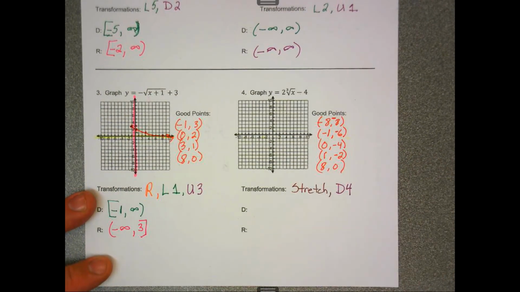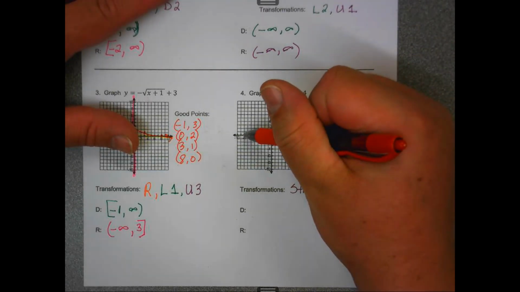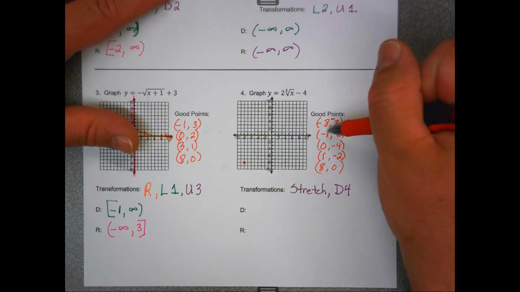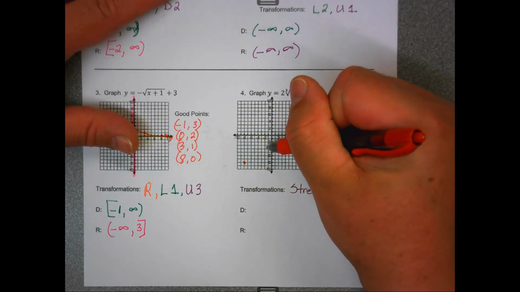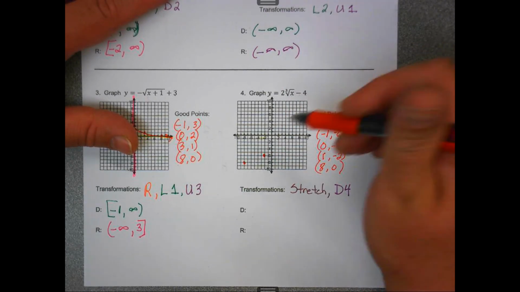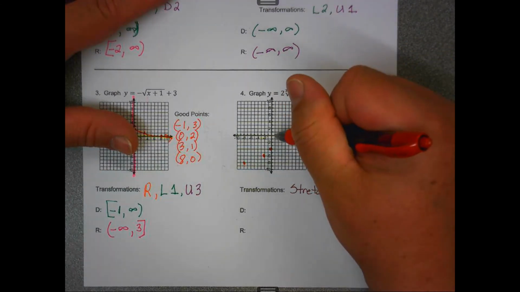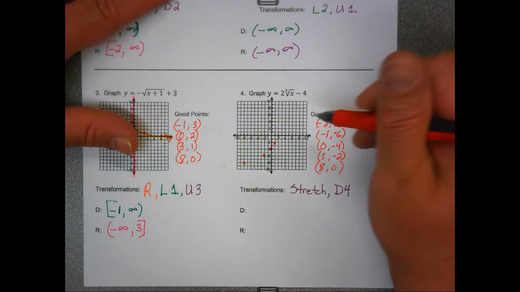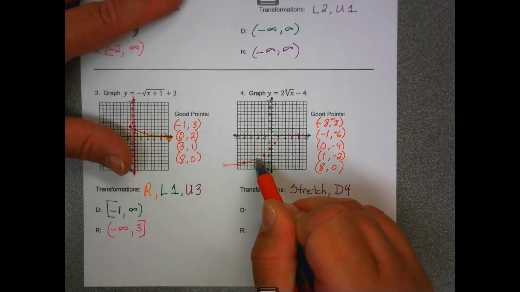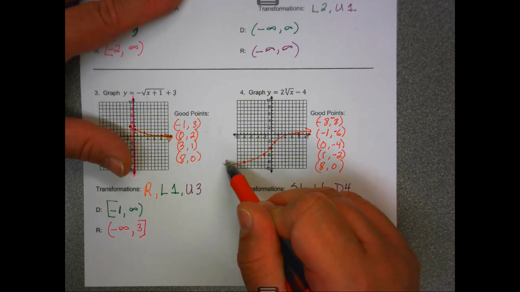Okay. Plot these. Negative 8, negative 8, negative 1, negative 6, 0, negative 4, 1, negative 2, and 8, 0. Here's my transform cube root function, kind of stretched it.